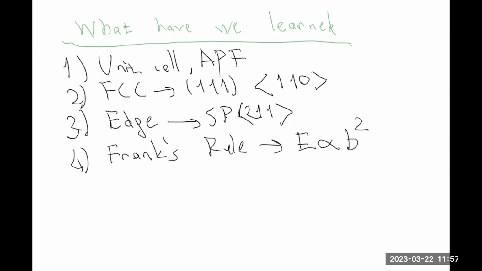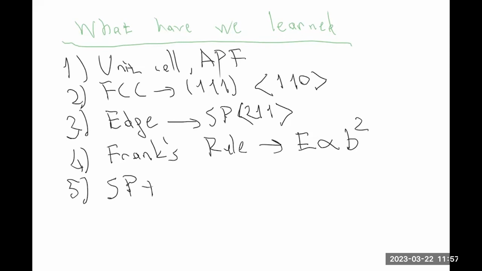All right, Ramazan Ünal, tell me something you learned from today's class. When two Shockley partials connect in a corner, a stair rod junction happens. Perfect.